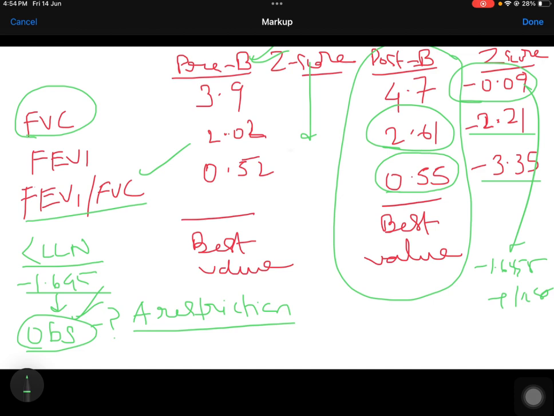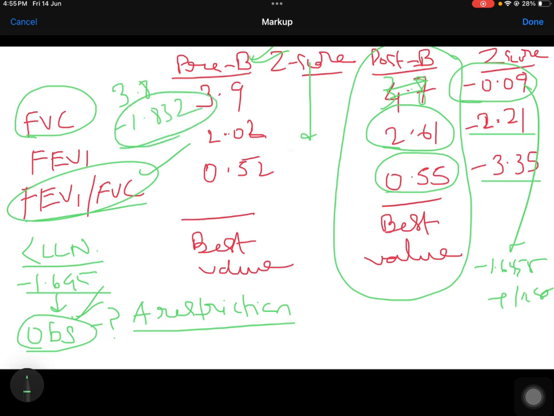For example, if we have another spirometry report in which the ratio is less than the lower limit of normal and the FVC is more negative than minus 1.645, suppose it is around 3.8. Similarly the ratios will also change, but I am not changing this, just for an example. You get an obstructive pattern, that is, it is less than the lower limit of normal, and the FVC is 3.8 and the Z score is minus 1.832.